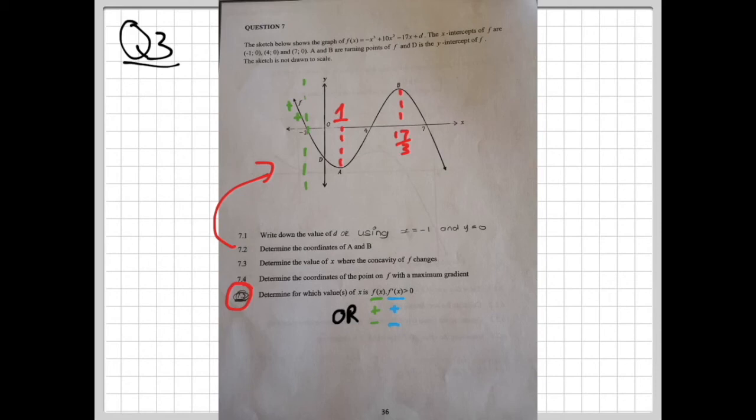Then my graph dips below the x-axis, and it becomes negative all the way up to 4. After 4, it goes above the x-axis again, so my y values are positive until I hit 7, then it dips below the x-axis again. So therefore, I've got negatives there. Now I've interpreted my y values.